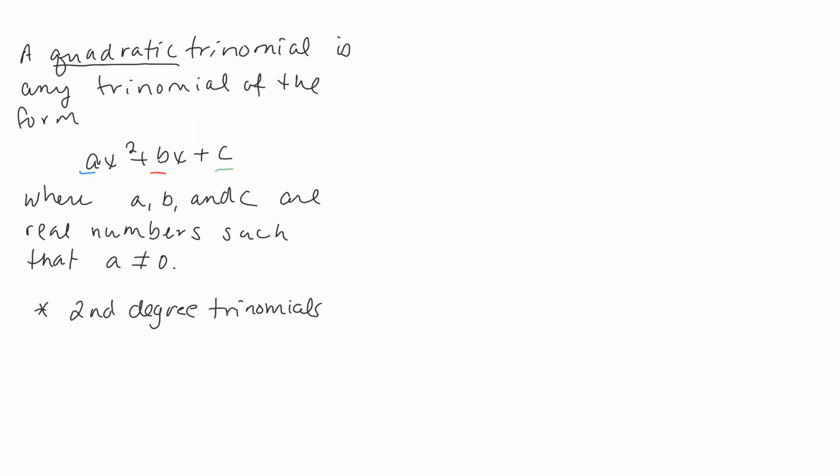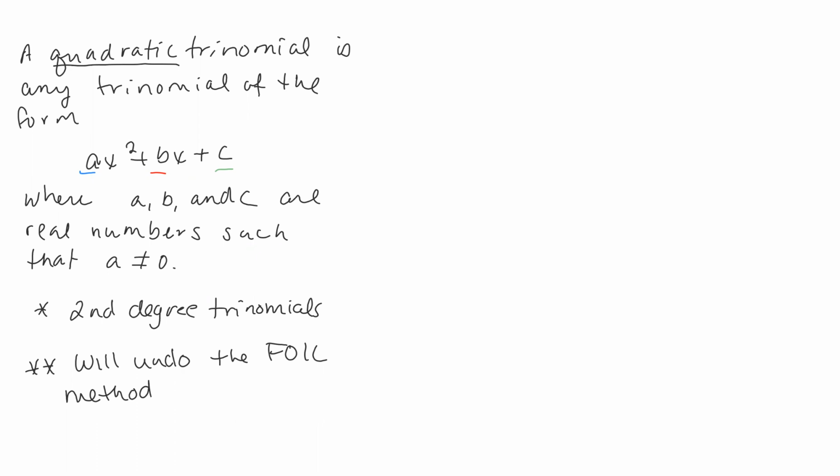Okay. So let's talk about what this is going to mean to us. First thing I want you to know is this will undo the FOIL method. Back when you were learning about multiplying polynomials, one of the things we did was multiply two binomials. And when you multiply two binomials, the process behind that is FOIL.